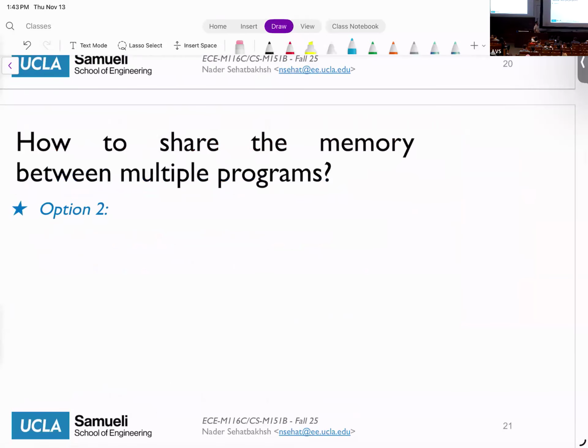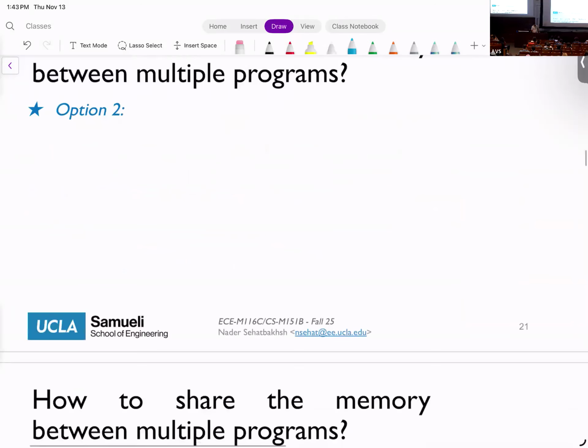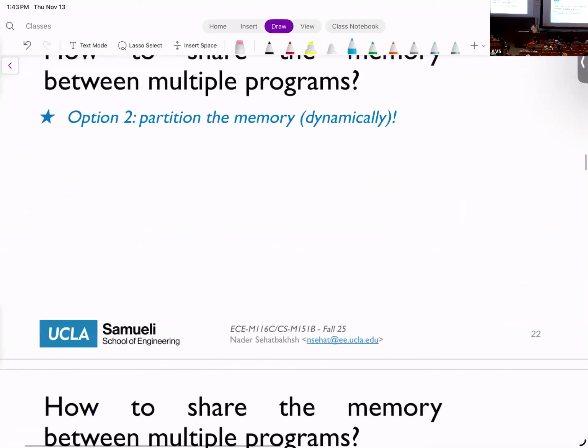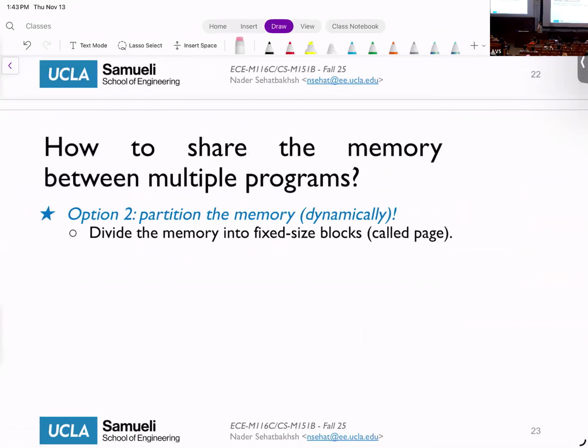For that, we need some form of a dynamic mechanism that needs to be much more efficient than static memory partitioning. And this is the notion of what we call pages, okay? So what we do is that instead of saying that, okay, here's a big chunk for program 1, and here's a big chunk for program 2, we say that, okay, let's have small fixed size blocks, and we call this a page, okay?